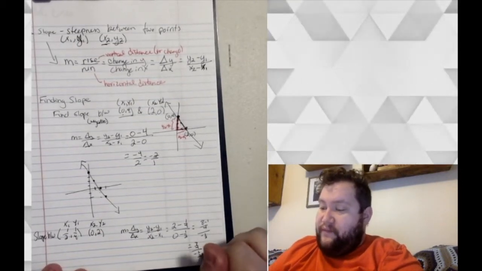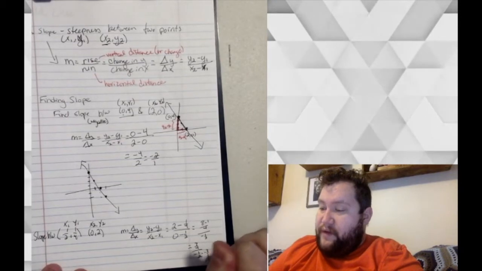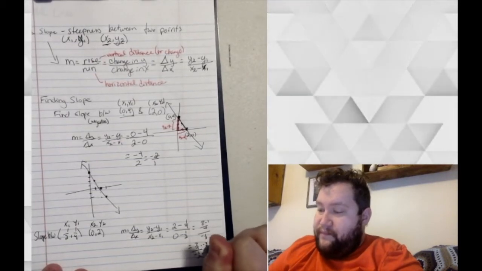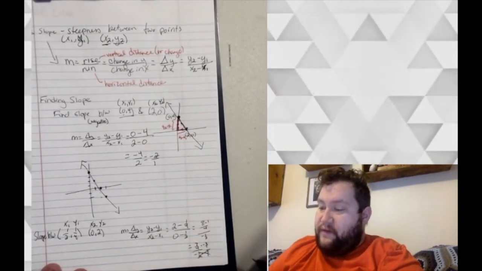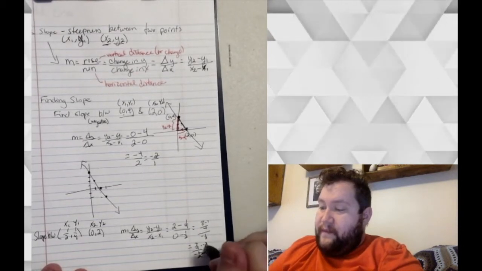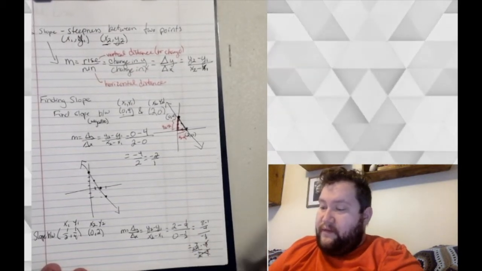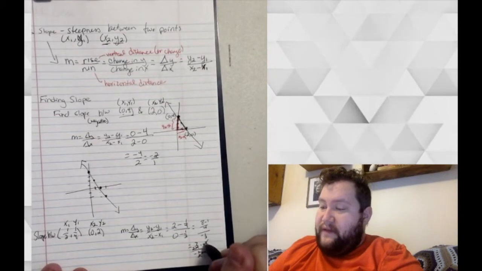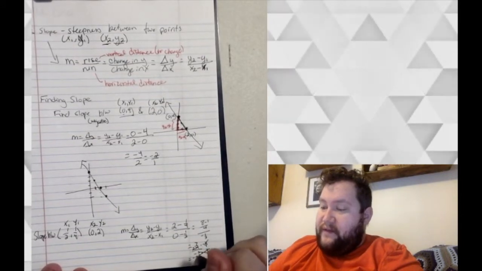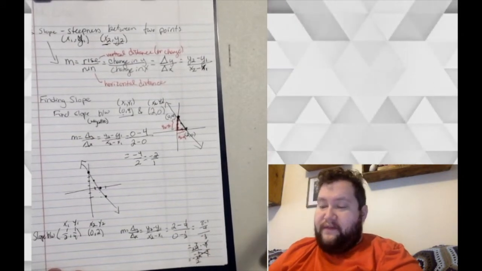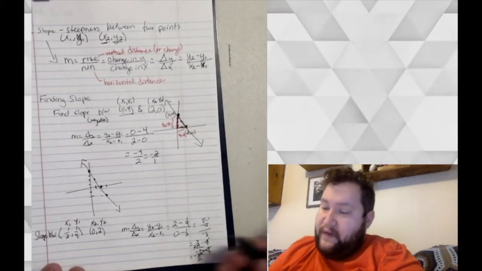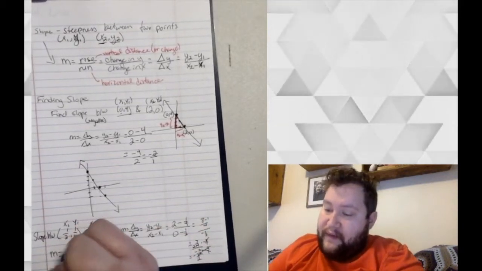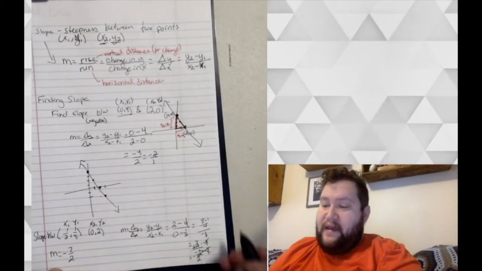We can multiply the top and bottom by 2 over 1. That'll cancel to 1. This 2 and this 4 will cancel to a 2. We have negative 7/2. So m is negative 7/2.